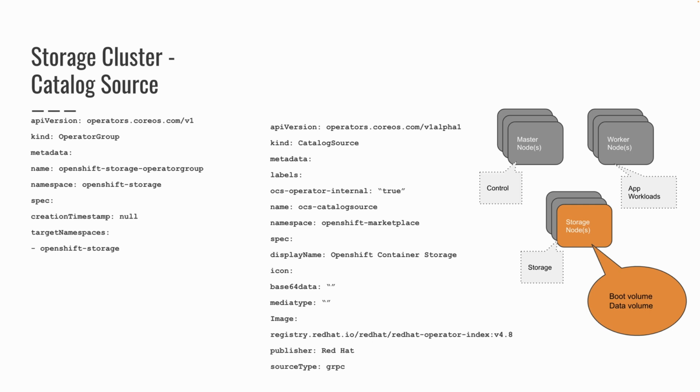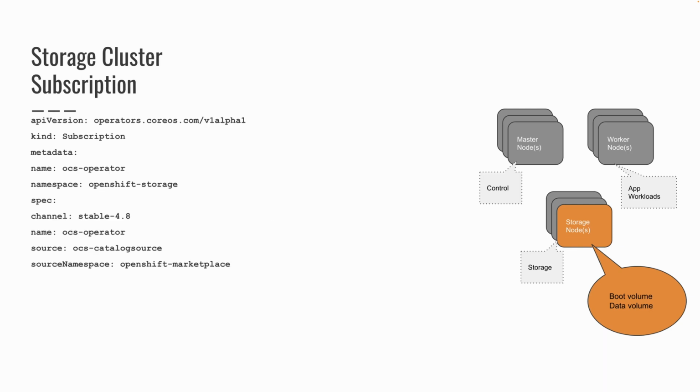When this is completed, the final step is to create the subscription, and that is done with this particular YAML file. Make sure the channel name is appropriately mentioned, stable 4.8, and you refer to the source of the subscription as the OCS catalog source, the one that we created in the previous step.